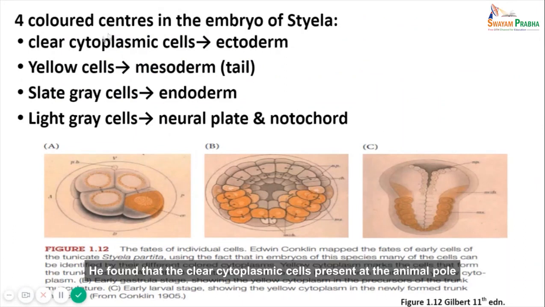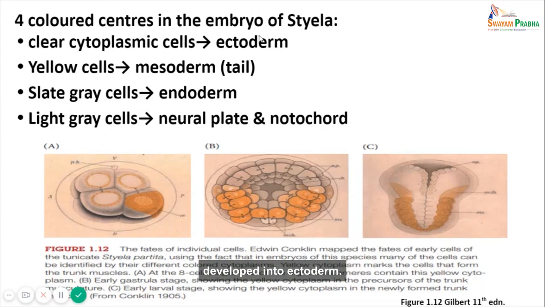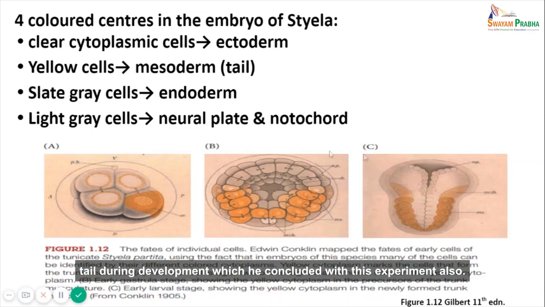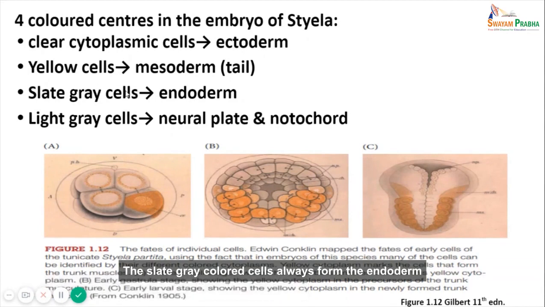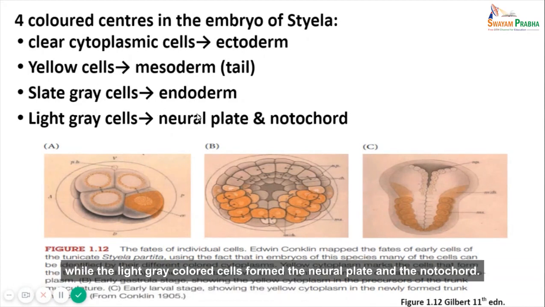He found that the clear cytoplasmic cells present at the animal pole developed into ectoderm. The yellow cells formed the prospective mesoderm, that is the trunk muscles. He also assumed that these yellow cells formed the tail during development, which he concluded with his experiment also. The slate grey colored cells always form the endoderm, while the light grey colored cells form the neural plate and the notochord.